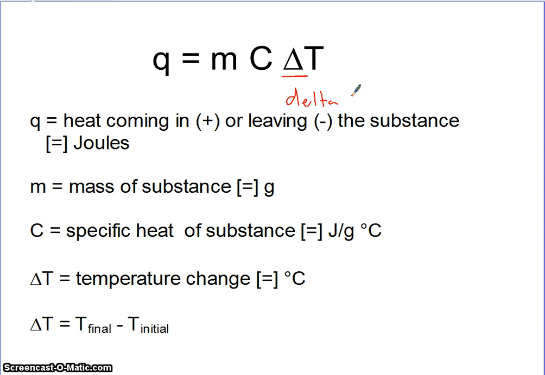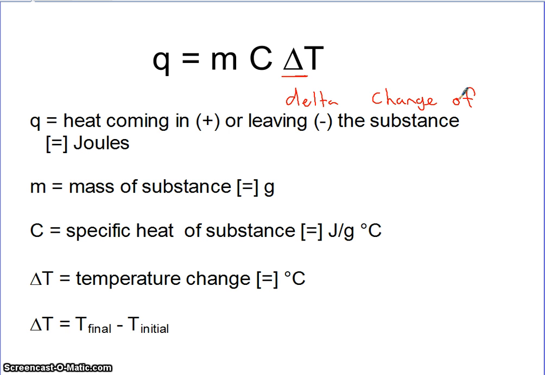And in science, whenever you have delta, it means change of. Okay? So delta T is the change in temperature. That triangle is not something you put a number in for per se. The delta T is something that needs a number. A lot of times in the past, people always call this MCAT because the delta looks like an A, and if that's how you want to remember it, fine, but it's not an A.